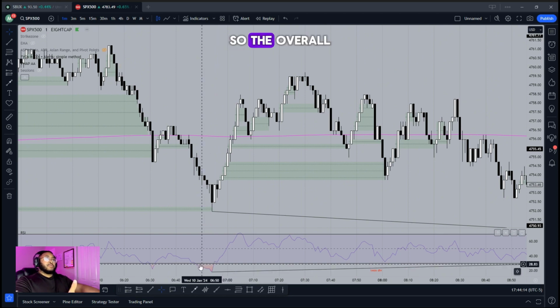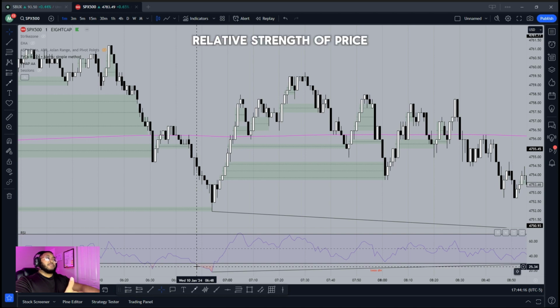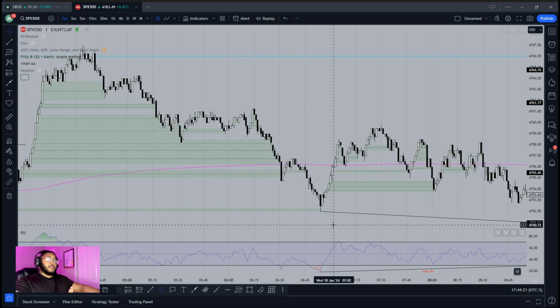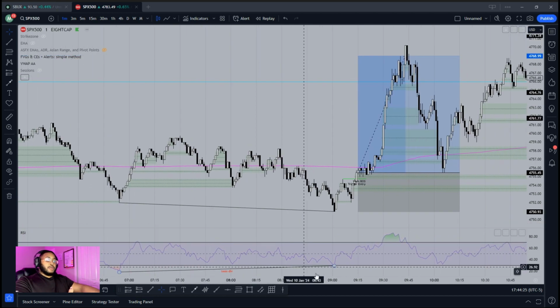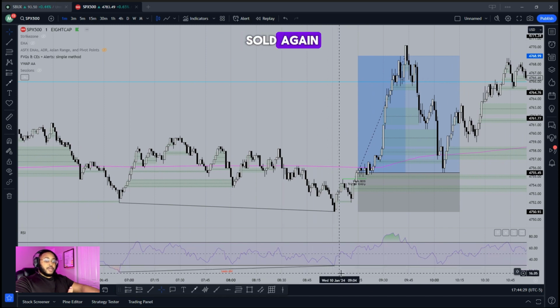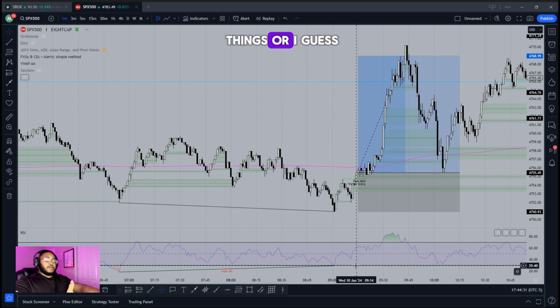So the overall relative strength of price was bearish. And at this point, it also goes oversold again.